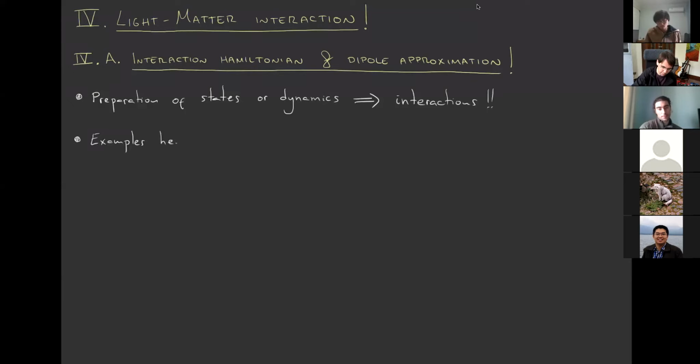The examples that we will study in this chapter are the interaction of light with two types of systems. First, with a single atom, as you can imagine from the previous chapter. Or also the opposite limit, the interaction of light with a full crystal structure that we call the dielectric material, in particular a nonlinear dielectric material.